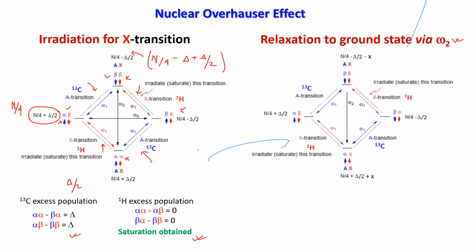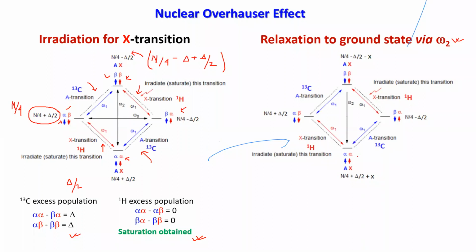Can you tell? Alpha alpha to beta beta. Alpha alpha and beta beta will be involved, right? But your nuclei has already reached beta beta, its excited state. So what does relaxation mean? It is coming back from beta beta to alpha alpha. Understood? Beta beta to alpha alpha.